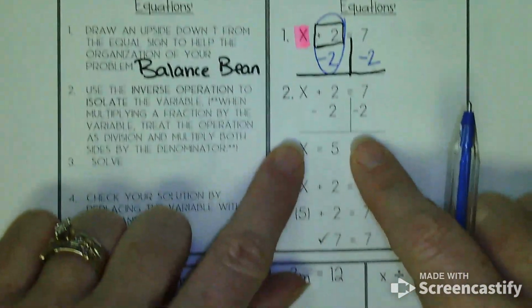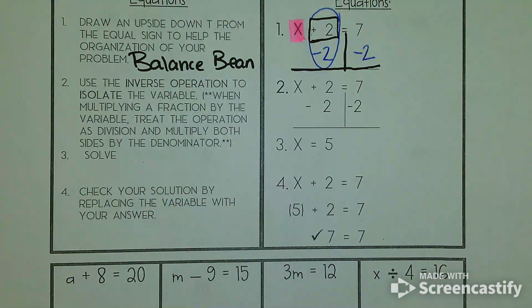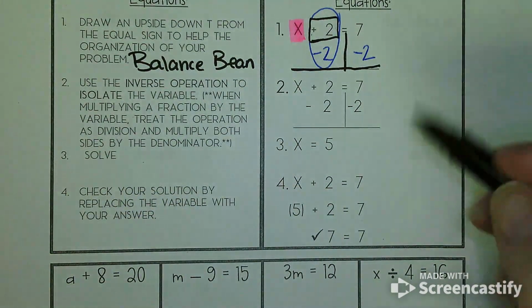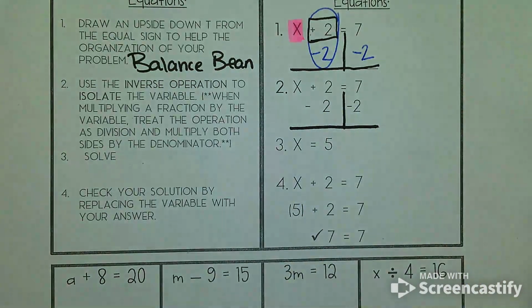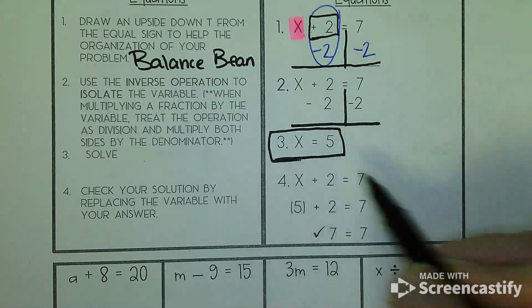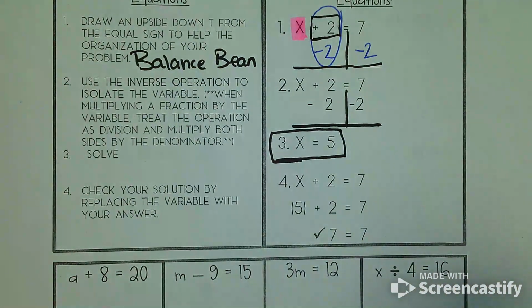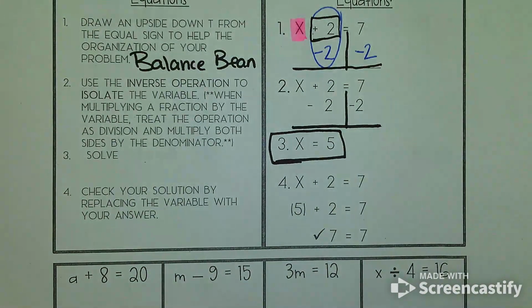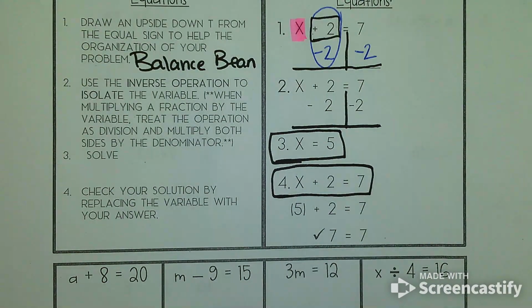If you look at step number 2, that's this part clean and drawn out for you. The balance beam is in place. You have an inverse operation of minus 2 happening, or minus 2 from both sides, and you are finished when you have an answer with just an x, isolating the variable, and an answer of 5. Now here's the check part. Here is your original problem: x plus 2 equals 7.